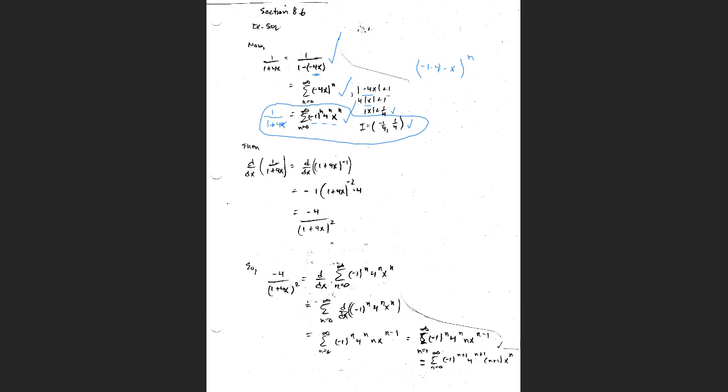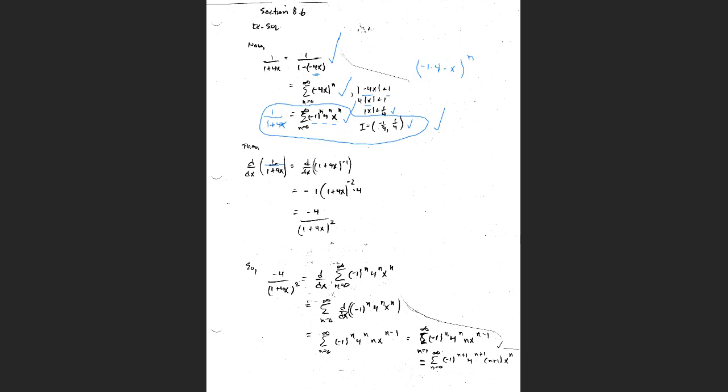But it's not the function I'm interested in. The function I'm interested in is x divided by 1 plus 4x quantity squared. But look what I'm going to do. I'm going to make use of this power series because I'm going to differentiate 1 over 1 plus 4x.